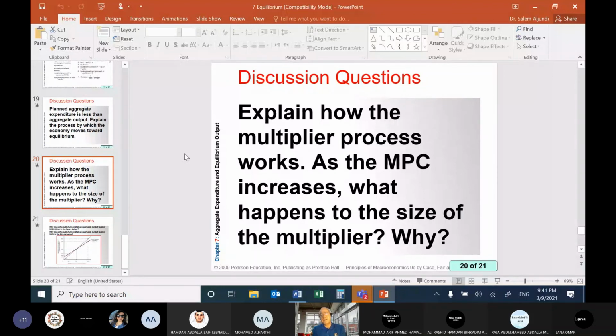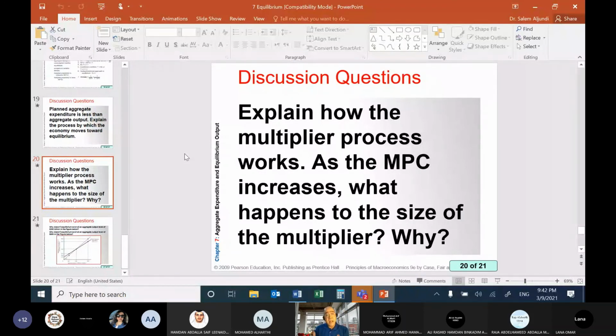The second part: as marginal propensity to consume increases, the multiplier also will increase. Why? Because from any initial increase in exogenous variables such as government expenditure, if the government decided to spend an extra 25, there is a difference between a marginal propensity to consume of 0.70 and 0.90. So for example, 25 times 0.70 will be around 17 million, but 25 times 0.90 will be 22.